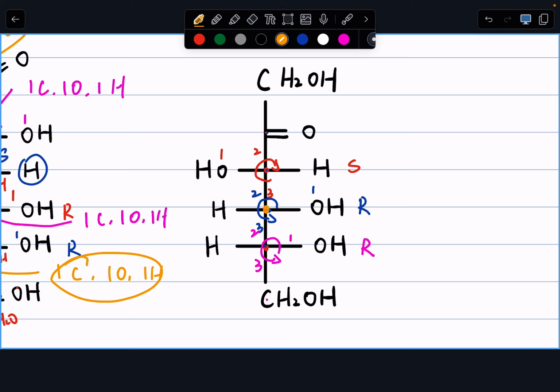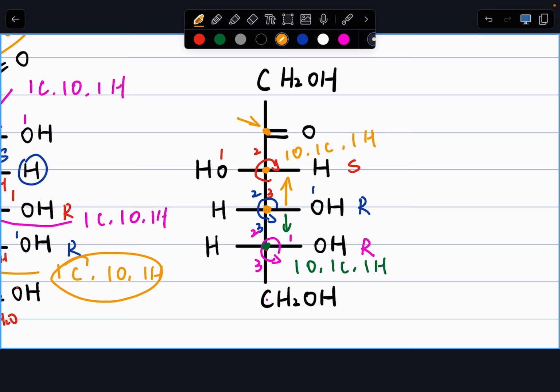Looking at this chiral center, going up, we have one carbon center connecting to one oxygen, one carbon, and one hydrogen. And going down, we have a carbon center connecting to one oxygen, one carbon, one hydrogen. So we can't tell the difference. We need to go one more step.